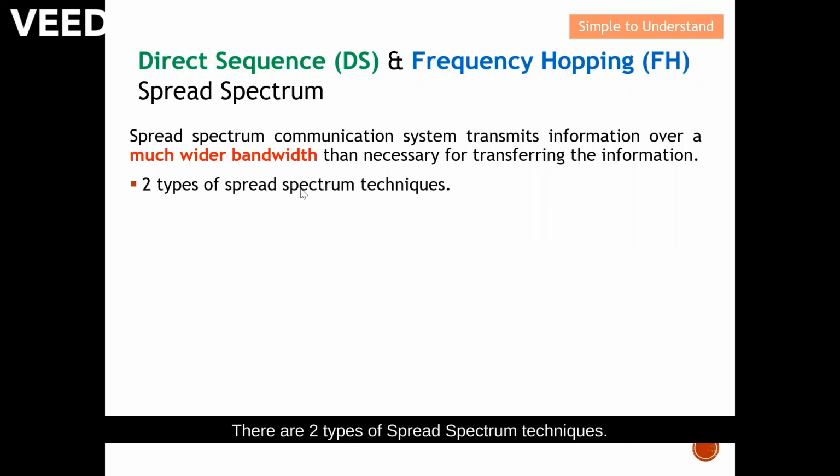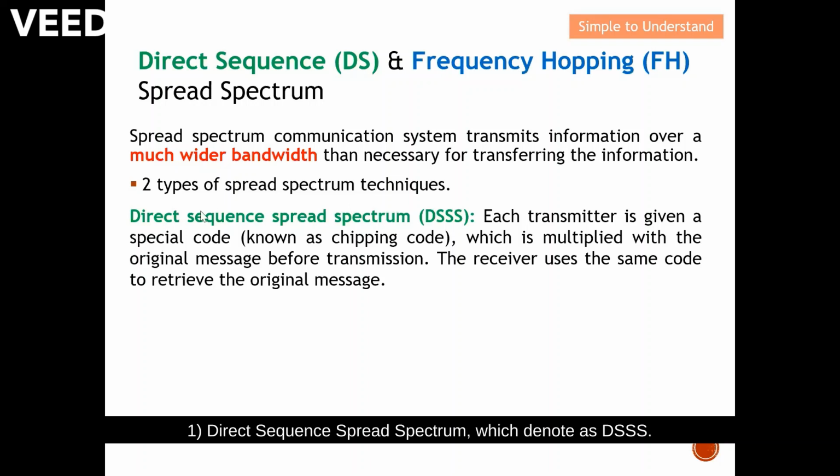There are two types of spread spectrum techniques. First is direct sequence spread spectrum, denoted as DSSS. Each transmitter is given a special code known as a chipping code. This special code is known by the transmitter and receiver only.